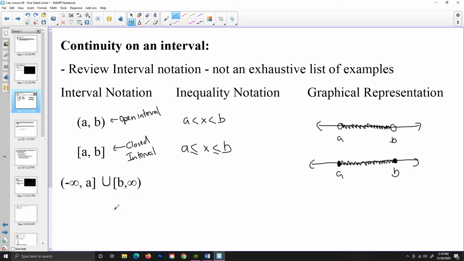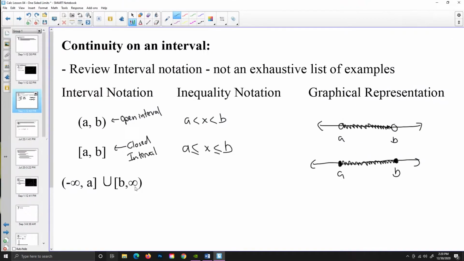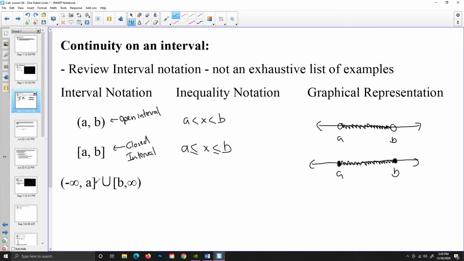All right, and finally, this interval here goes towards negative infinity. Remember, negative infinity is a concept, not a number, so you could never actually include negative infinity or positive infinity for that matter. But this is going to be a compound inequality, and because we have a bracket at a and another bracket at b, it will include both a and b.